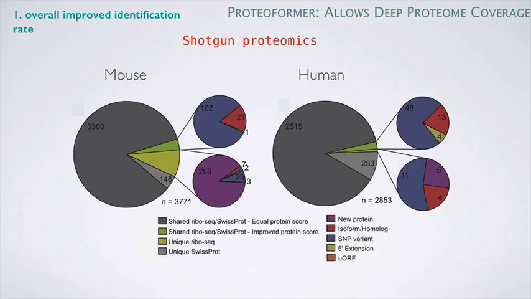As you can see, the overall identification rate improves, and there are both new identifications, which is the light green pie part, and the dark green pie part, which are those identifications that have better proof or a better score because they have an extra tryptic peptide identification in their protein.